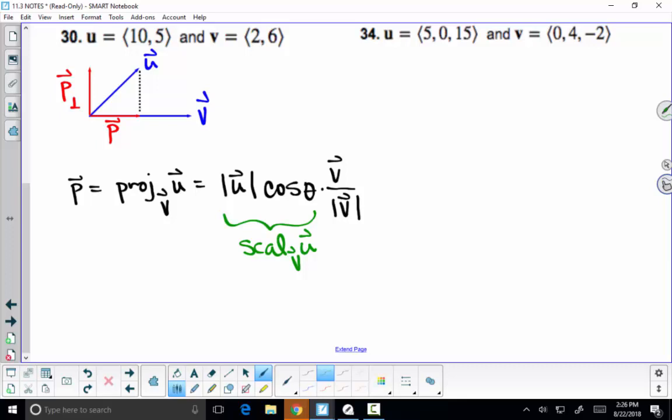The problem right here is that, oh, dang, cosine of theta, we need the angle. We don't want to find the angle. So what we're going to do is figure out a way to get rid of that and use just the components of the vector. We don't want to have to go find the angle as a secondary piece of information. So we want to see if we can rewrite this formula in a way that only uses components and doesn't use the angle between the vectors.